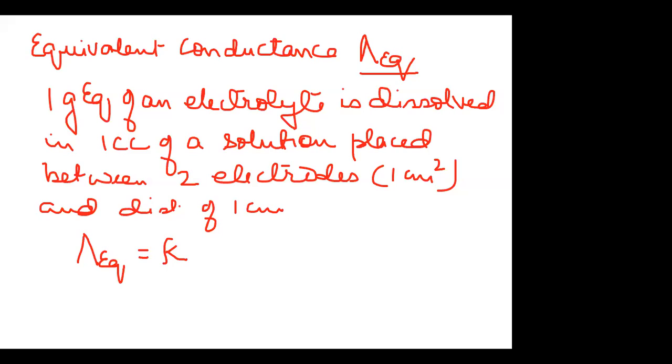However, it is not necessary that it will always be dissolved in 1 cc, it may be dissolved in 1 liter of a solution. So if it is dissolved in 1 liter of a solution, then what happens, that we have to understand. Let me go to the next page.